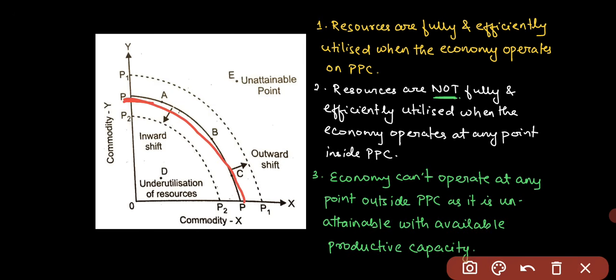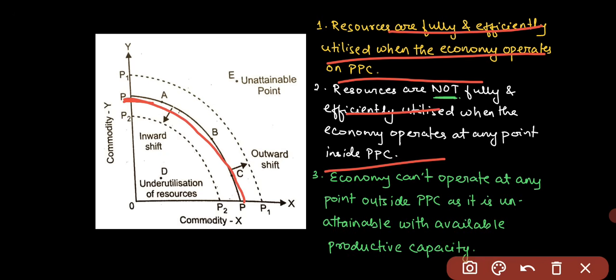When there was fuller and efficient utilization of resources and technology in the economy, resources are fully and efficiently utilized when the economy operates on the PPC, that is PP, right. Resources are not fully and efficiently utilized when the economy operates at any point inside the PPC. Inside the PPC, the original PPC was PP, P2 was inside the PPC, right?